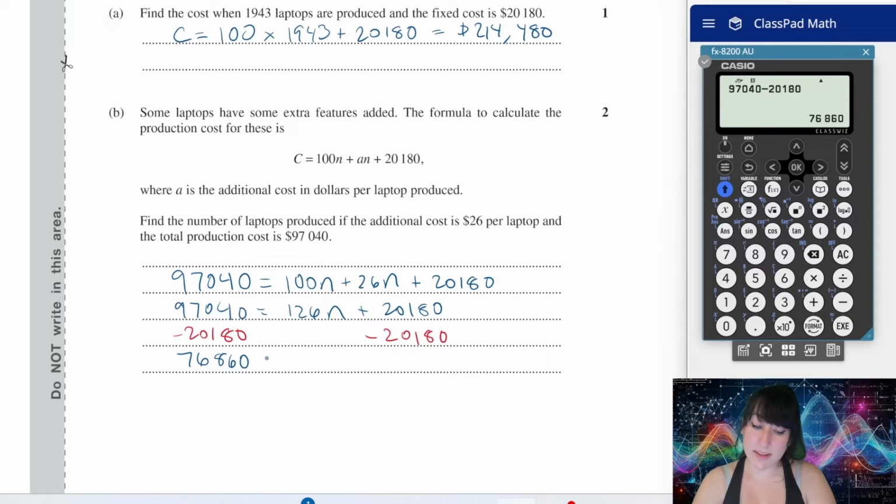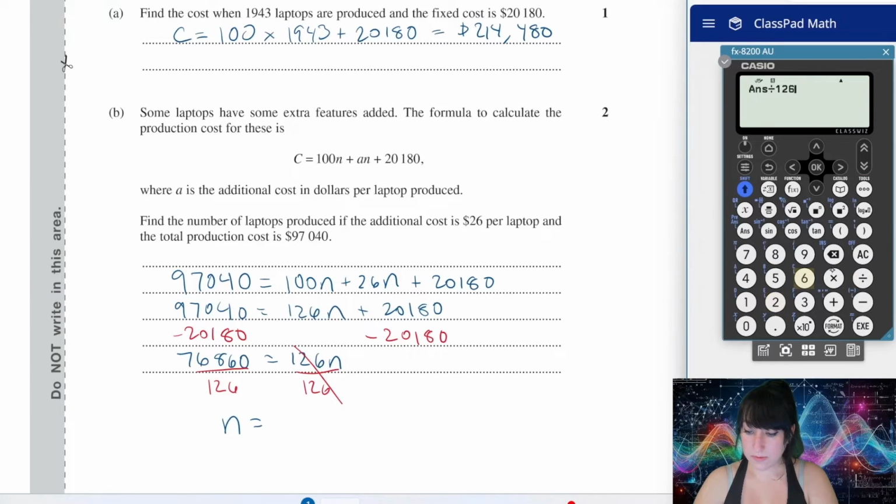So 76,860 equals 126N. And the last step would be to divide by 126. So N equals 610.